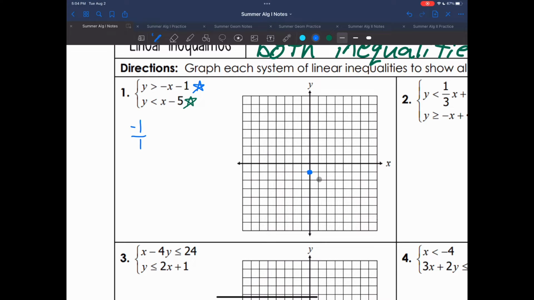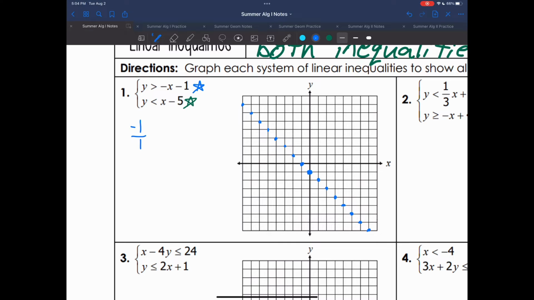I'm going to go down 1, right 1. And I'm going to keep repeating that, down 1, right 1, as far as I can. And then I definitely want more points this direction, so we reverse it and we go up 1, left 1. And we keep repeating that, up 1, left 1, getting as many points as possible.